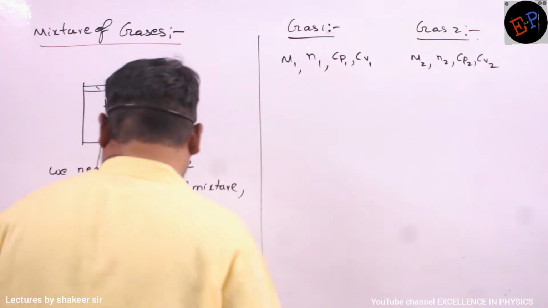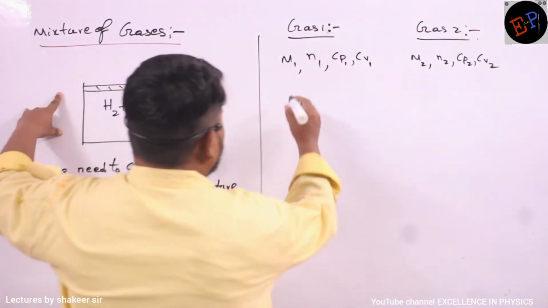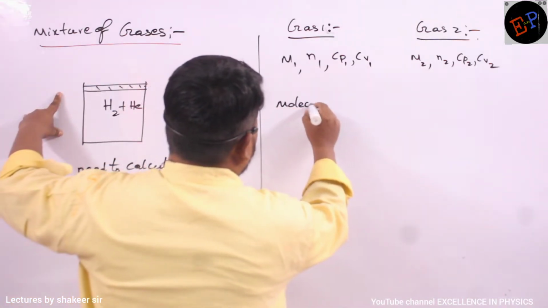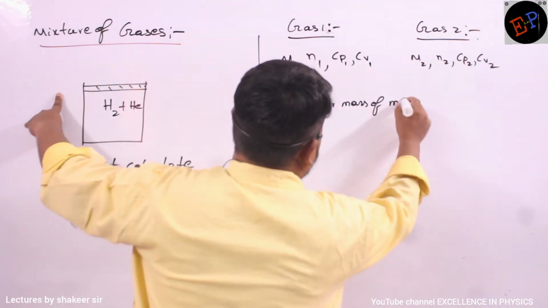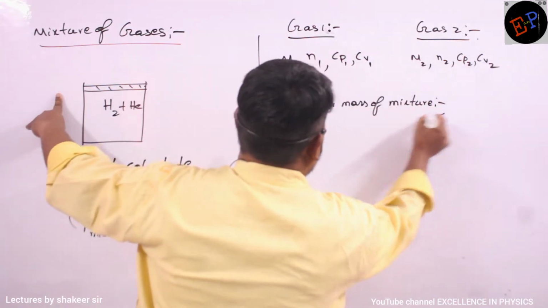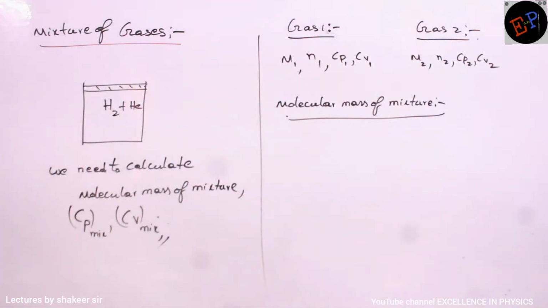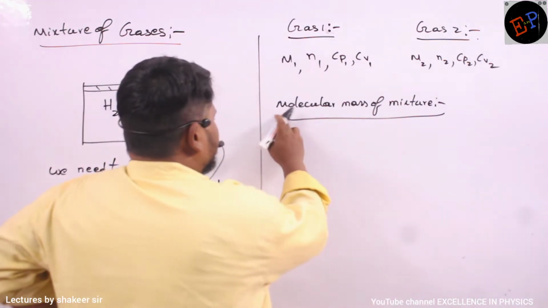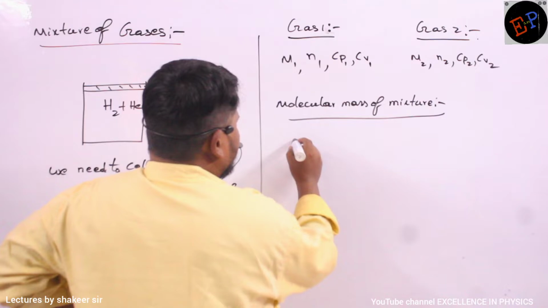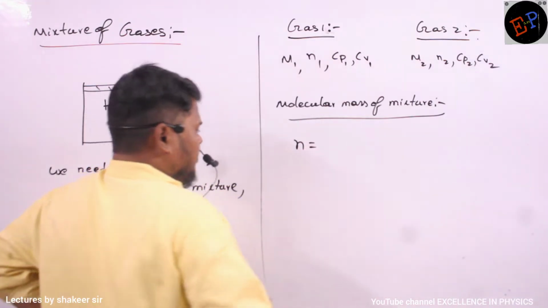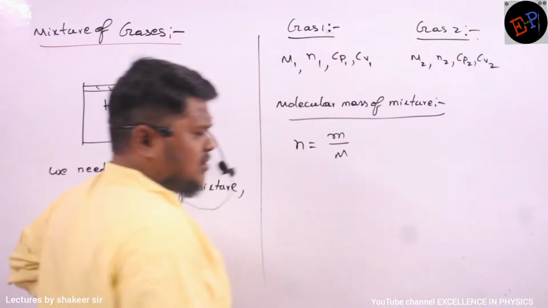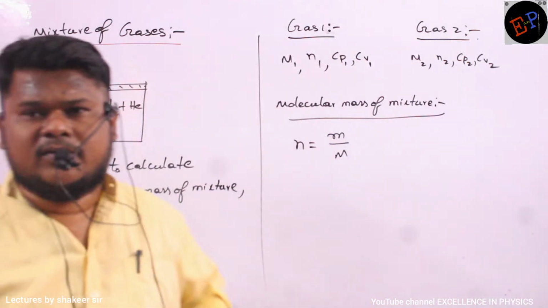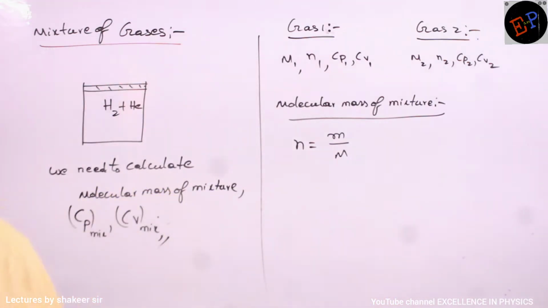So, first of all, let us calculate the molecular mass of the total mixture. Molecular mass of the mixture I need to calculate. So, how can I calculate the number of moles? Number of moles is equal to total mass divided by molecular mass. This is the method of calculating the number of moles, no?